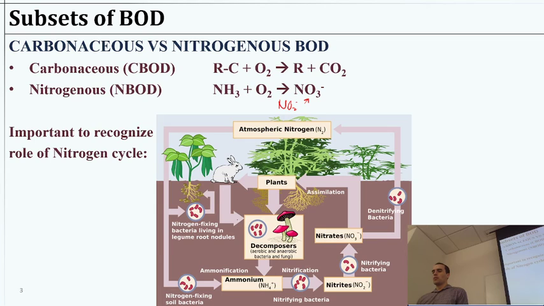Then something might be eating those plants or those organisms, and we get this organic matter. Then from any decomposition or waste products, we typically get ammonia or ammonium. From there, nitrites, NO2, and then from there, NO3.